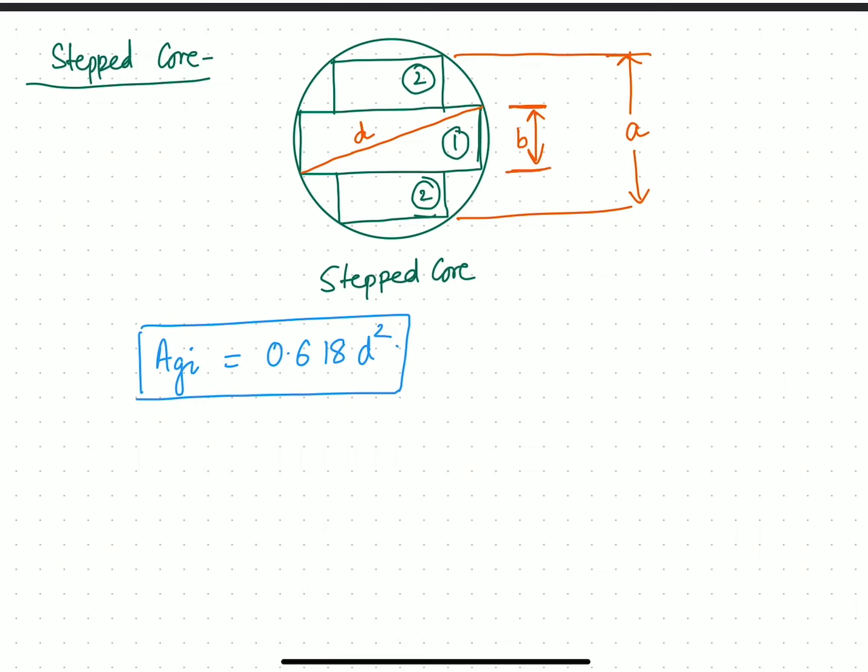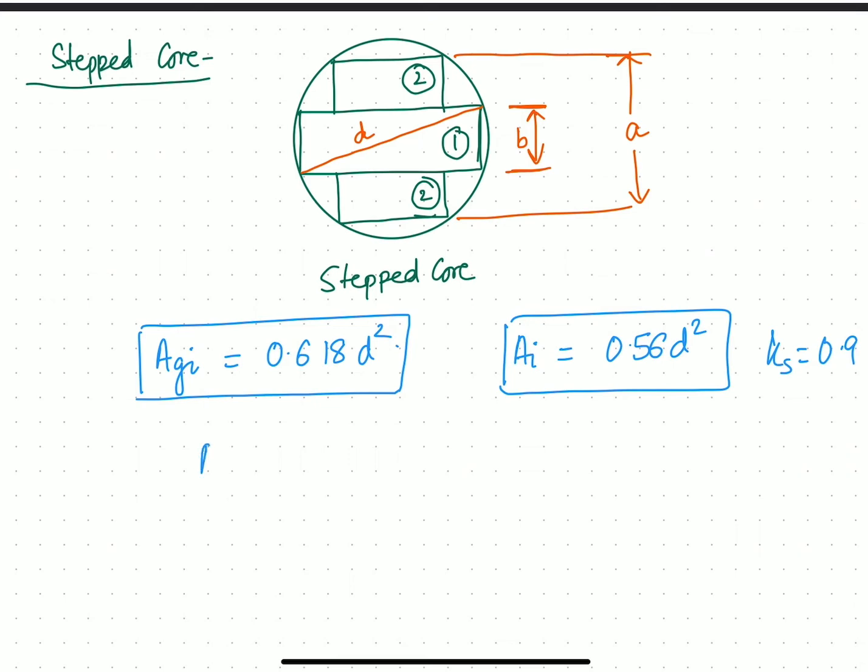The gross core area is 0.618 d square. The net core area is 0.56 d squared. And this is because when you assume ks equal to 0.9, and the ratios which we calculated earlier, AI over ACC is equal to 0.71 and AGI over ACC is 0.79.